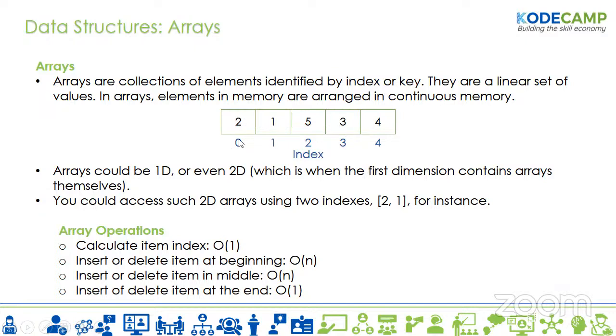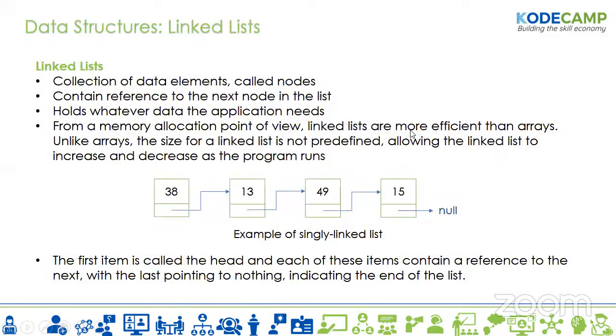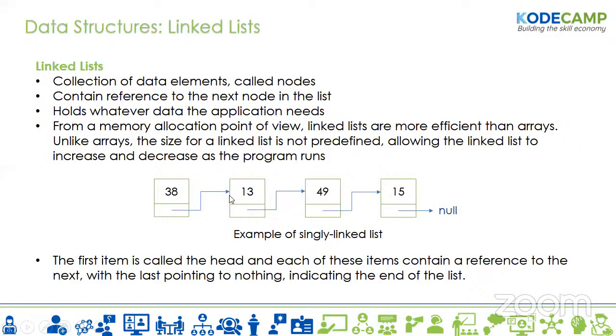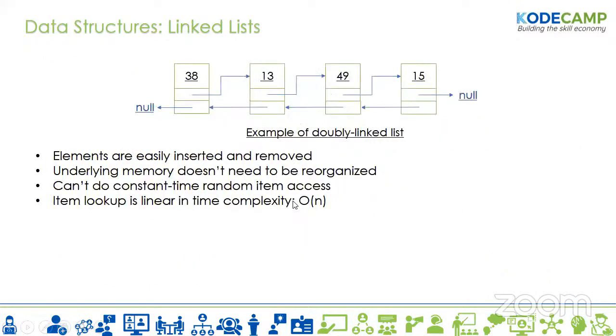For example, if you want to access index 4, it will just count to index 4 for you to know that this is its position. But in a linked list, if you want to access this here, for instance, it needs to first of all know what is the head and then how it's linked to get to this point. So in that regard, random access is not easy for it, but once it has the memory location of the head and everything, it flows through.